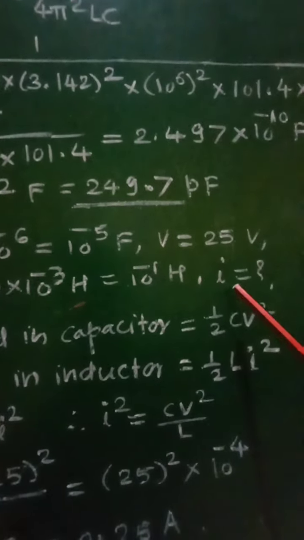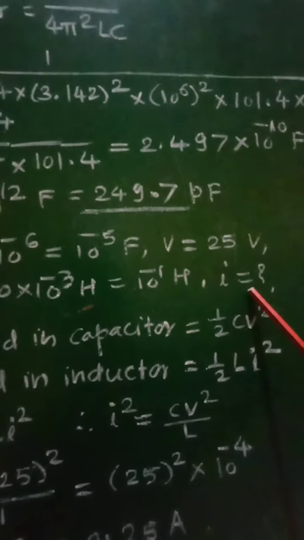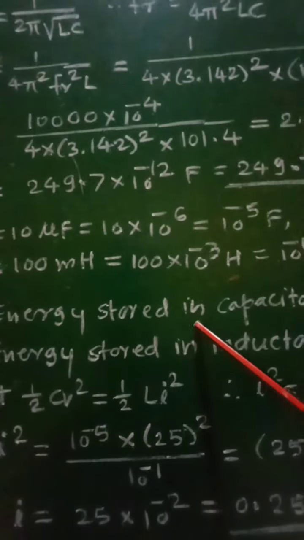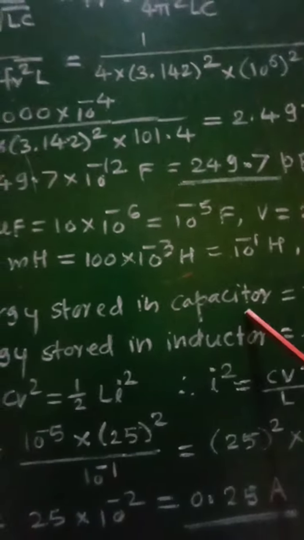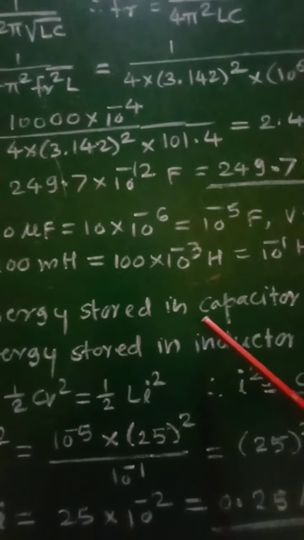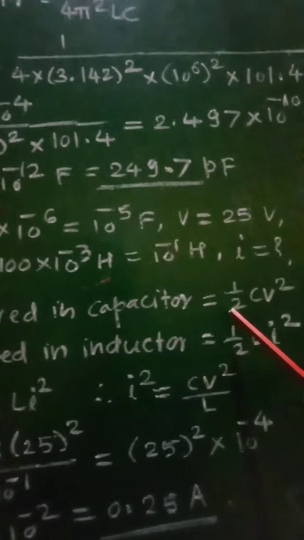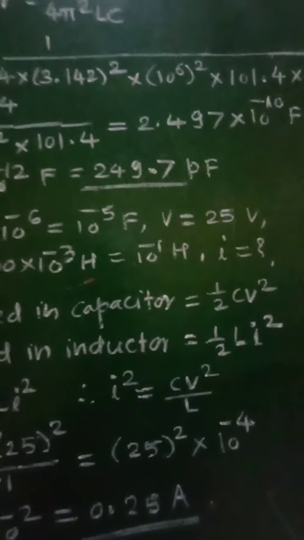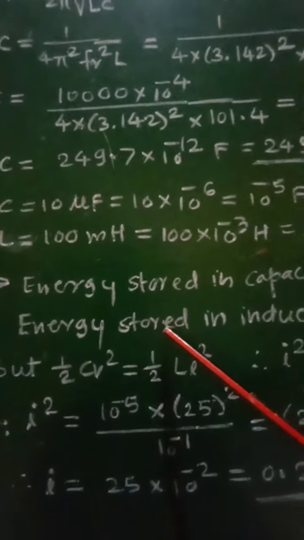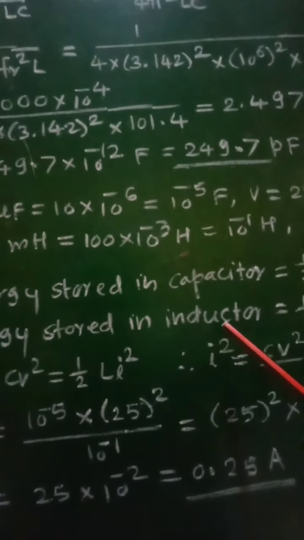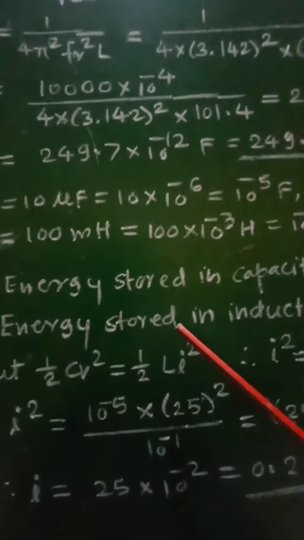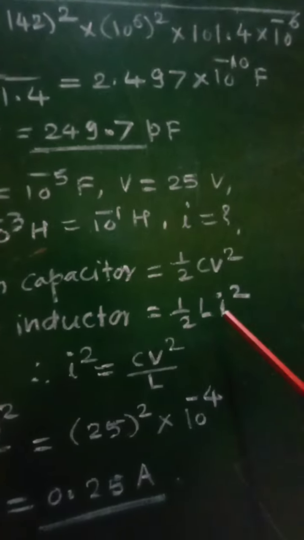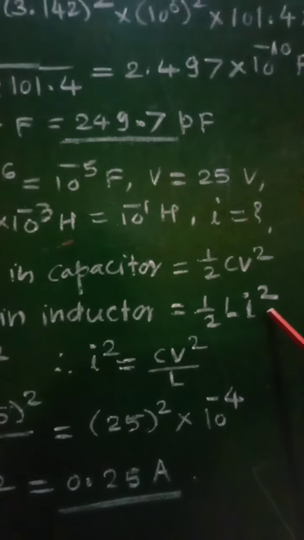And we have to find out current I. Now, in case of LC oscillations, we know that the energy stored due to electric field in capacitor is given by the formula half C phi square. Similarly, the energy stored due to magnetic field in inductor is given by the formula half L I square.